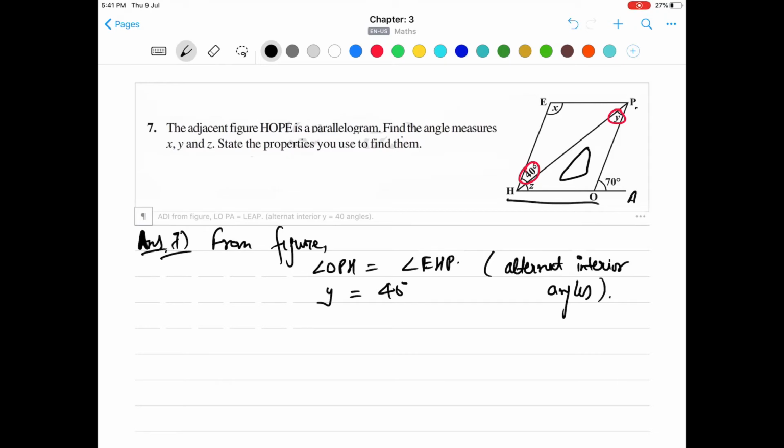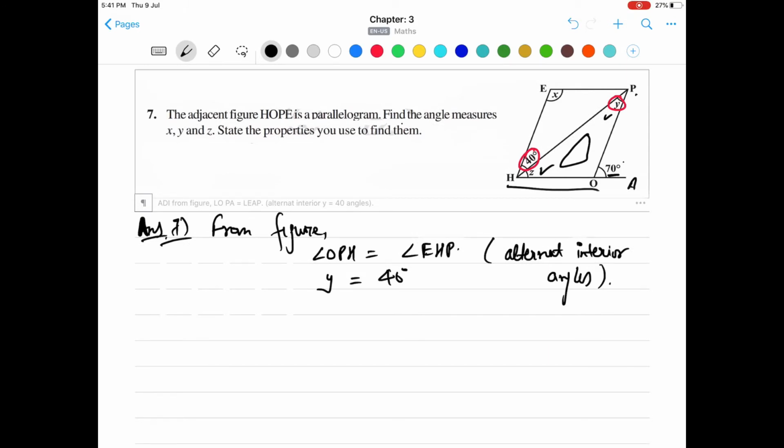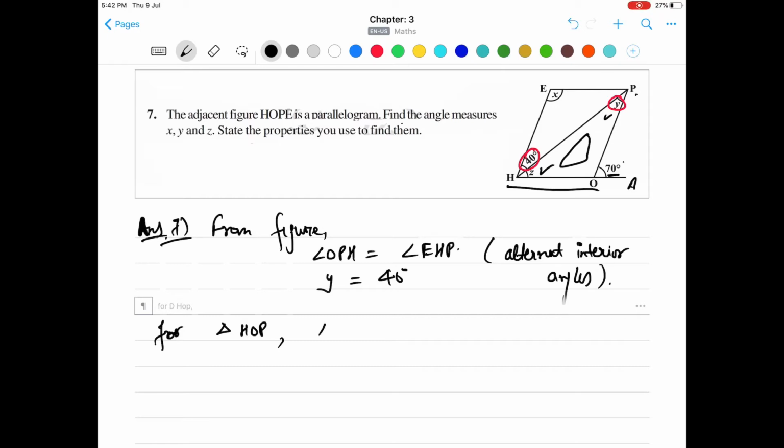By the exterior angle property of a triangle, this exterior angle will be equal to the sum of its two interior opposite angles. So for triangle HOP, angle POA is an exterior angle.